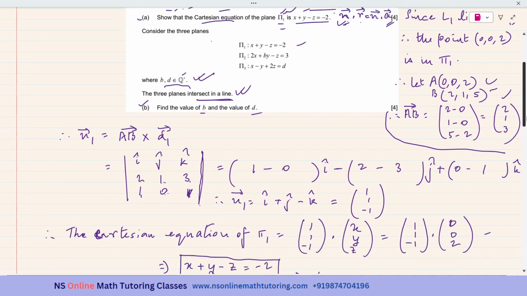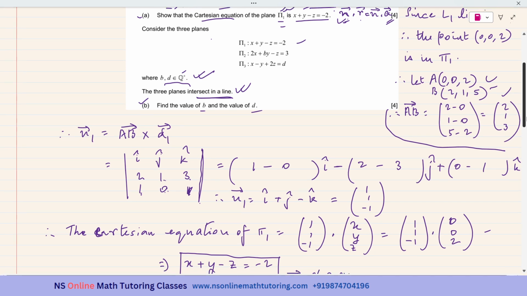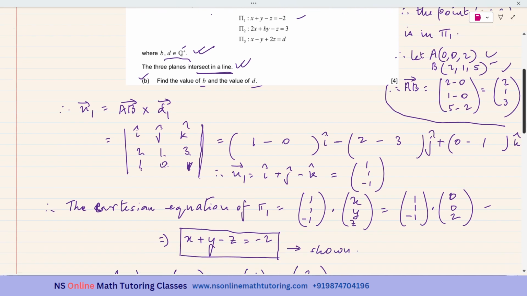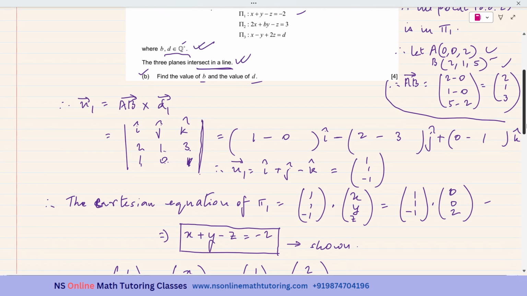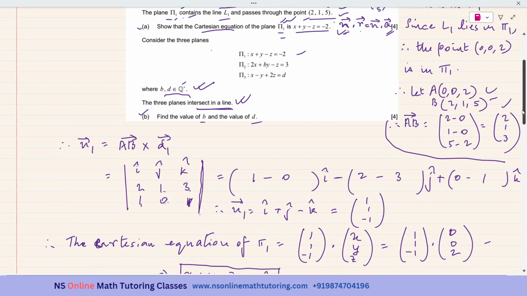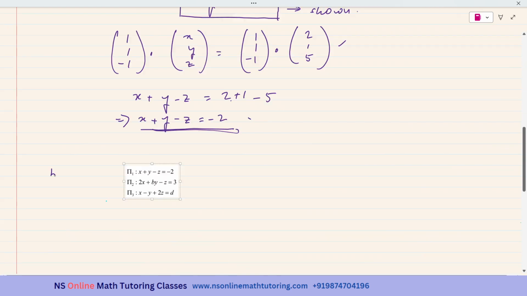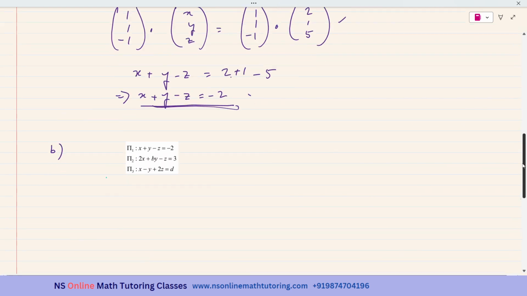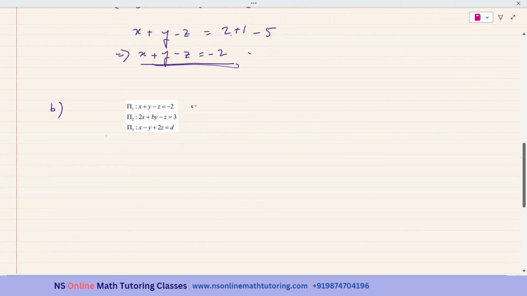Okay. So for that, let me use the augmented matrix method. You can use the other method also. First of all, let me bring down the three equations. Now, these three are the three equations of the three planes.